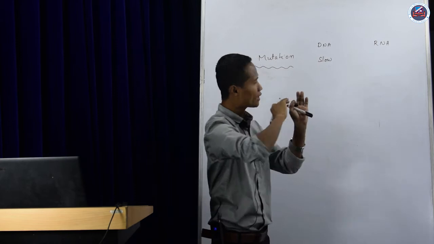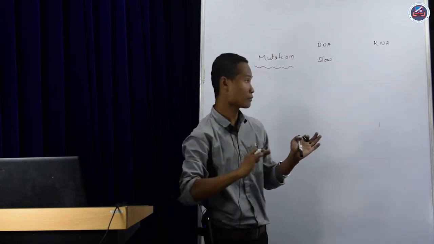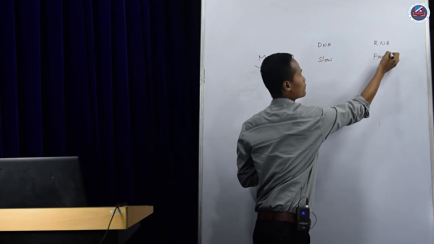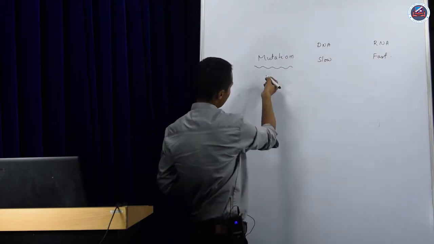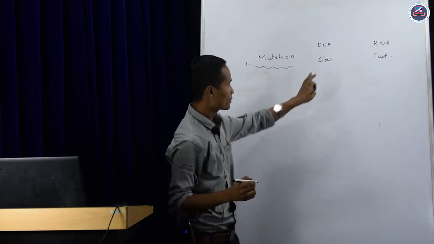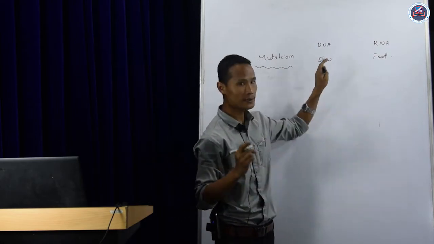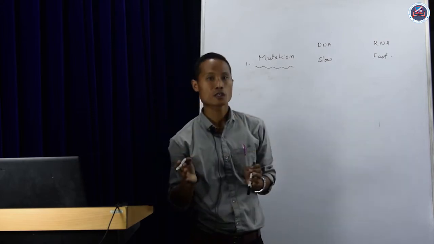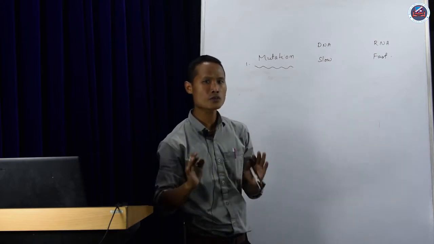If we compare DNA and RNA, both undergo mutation, but in DNA it is slow and in RNA it is fast. Why is it slow? Because slow mutations are necessary for the process of evolution.